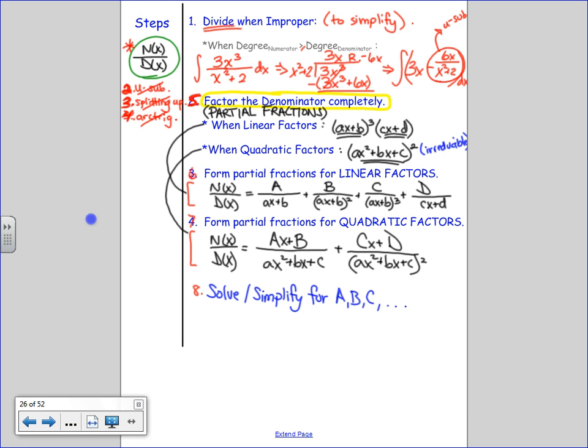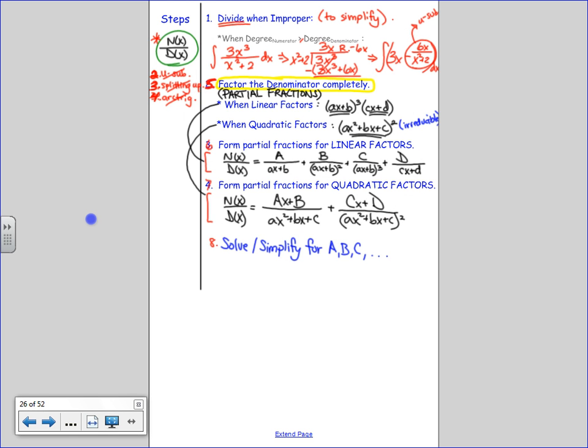Okay, how do I solve and simplify? Well, we looked at it yesterday, but we didn't really give steps, and it actually would be a very good idea to talk about steps. So how would I solve and simplify for A, B, C? I would multiply each term by D of x.